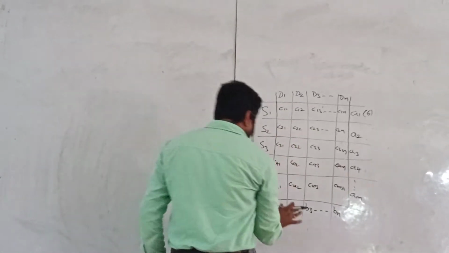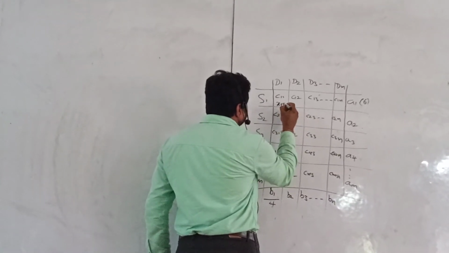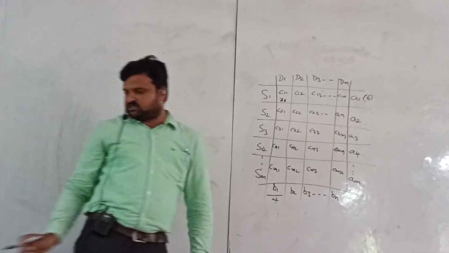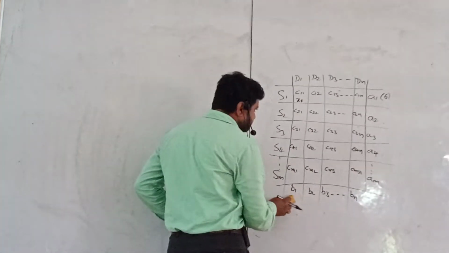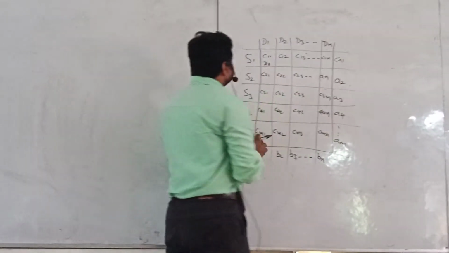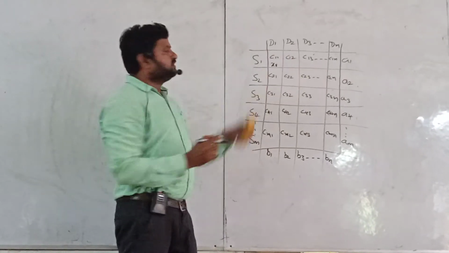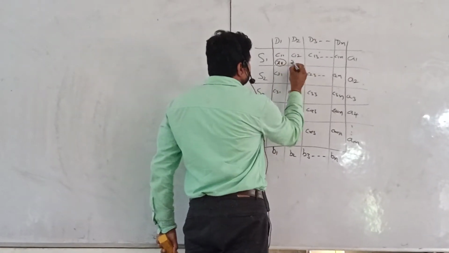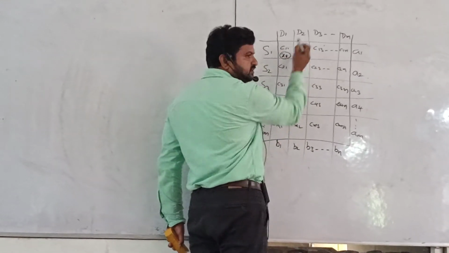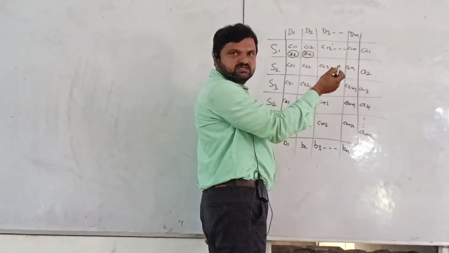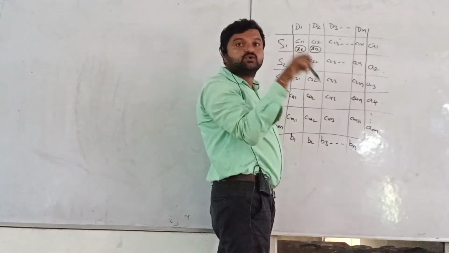Here X11 denotes the number of units transported from S1 to D1. Similarly, X12 denotes the number of units transported from S1 to D2. C12 is the cost, X12 is the number of units.